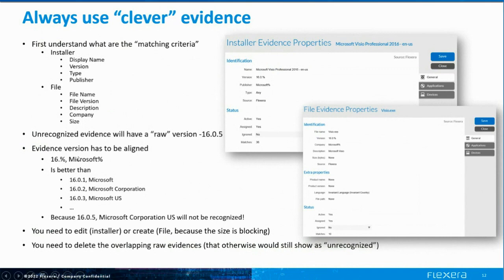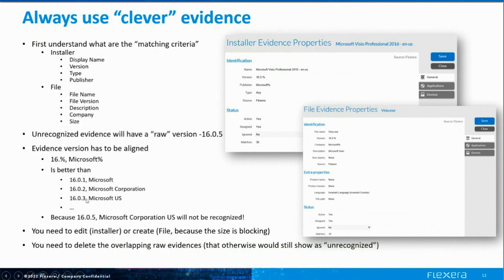It is better to create an evidence that says 16% with Microsoft %, rather than adding one by one the raw evidences that have been inventoried to the application, because every new minor version, let's say 16.0.5 here, would not be captured. It is way more work if you find an unrecognized evidence subversion by subversion and add it.